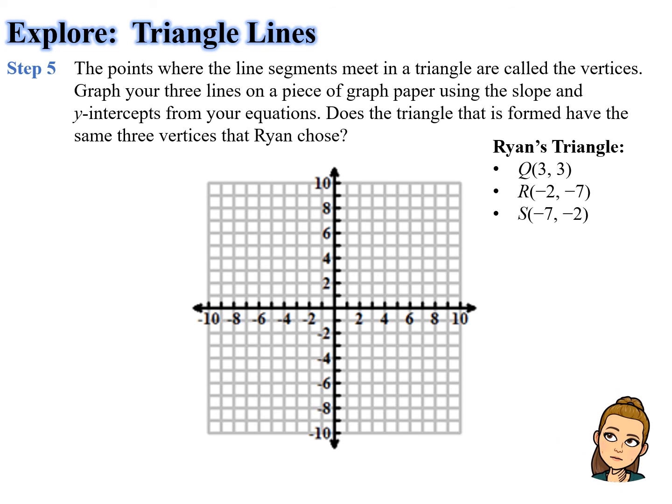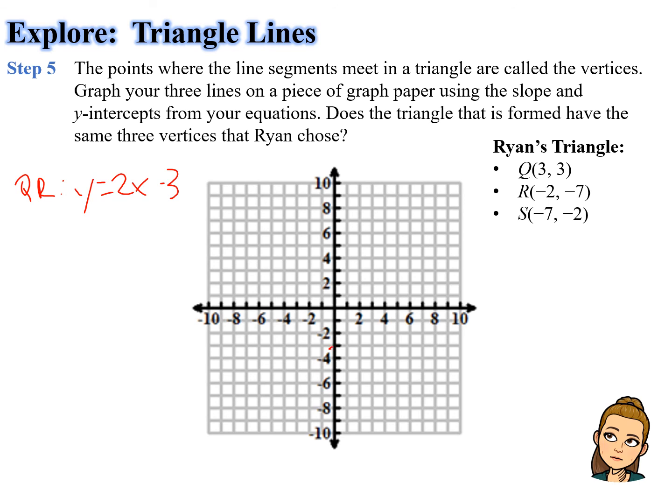So the first equation that we were looking at, our line for QR, was y equals, let's do this one in red, y equals 2x minus 3. So the first thing I need to do to graph this line, I find my y-intercept of negative 3 and I put a dot.